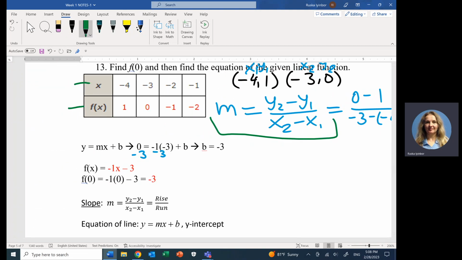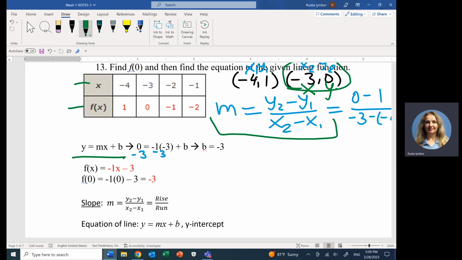And then after that, you're going to start with the equation y equals mx plus b, and you're plugging in x, y, and m from the point. So m, I'm using -1. And I'm going to use the point -3 and 0. So x is -3, y is 0.